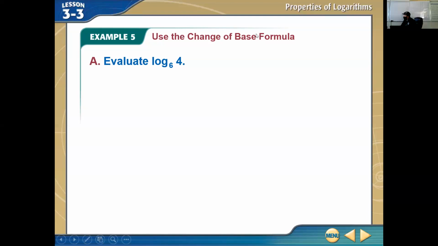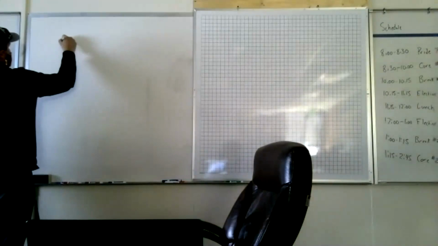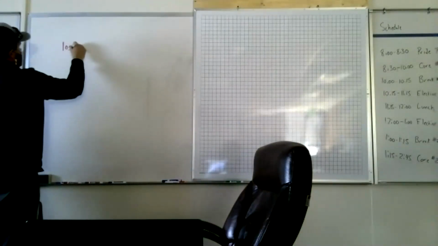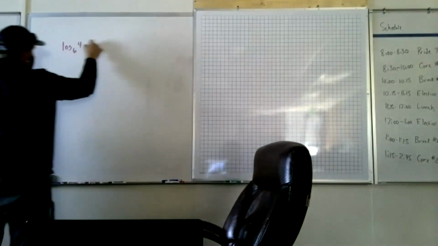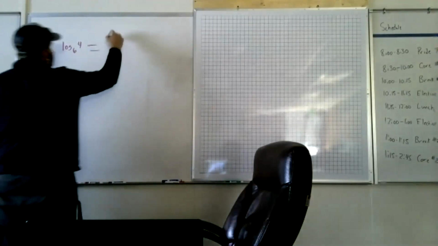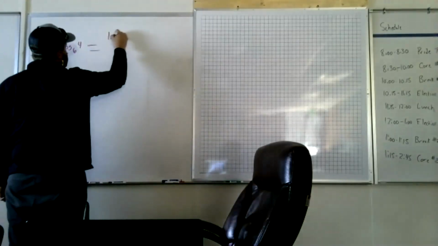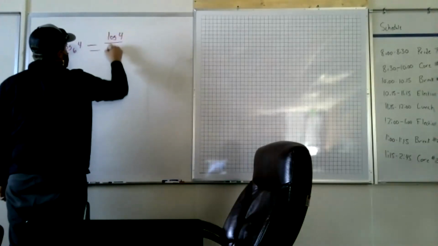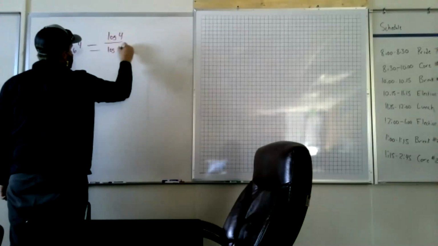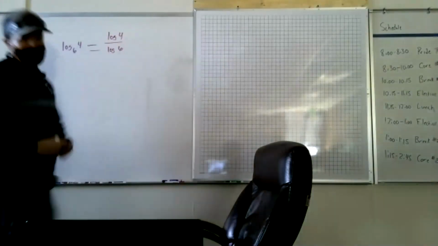This is where the change of base formula comes in. So since it's log base 6 of 4, this is equivalent to, I'm going to use the common log, the log of 4 divided by the log of 6 as common logs.